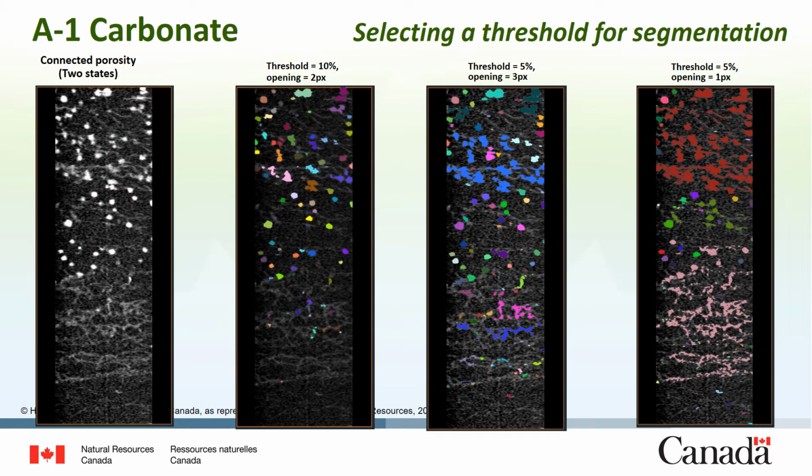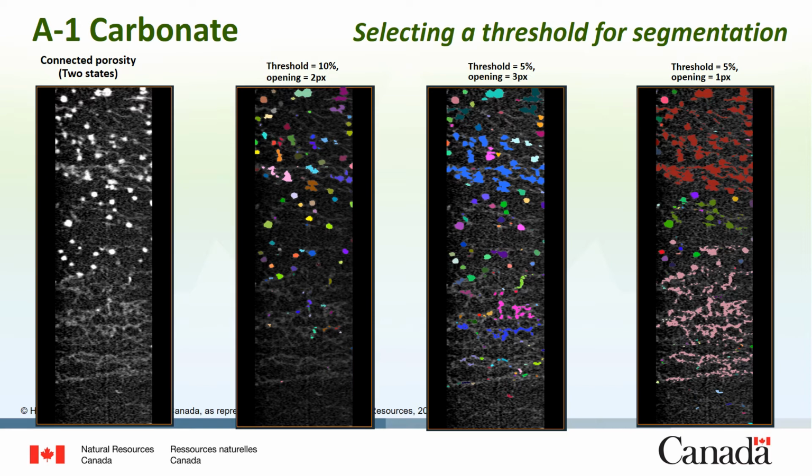To gain more information on the macropore, the next important step is to proceed with the segmentation technique, where a threshold is selected to separate the rock matrix from the pore spaces. On the left, there is a coronal section through the connected porosity volume. The areas in white correspond to areas where water replaced the airspace. The different levels of gray on this coronal section represent the amount of water that was filling the pore space.